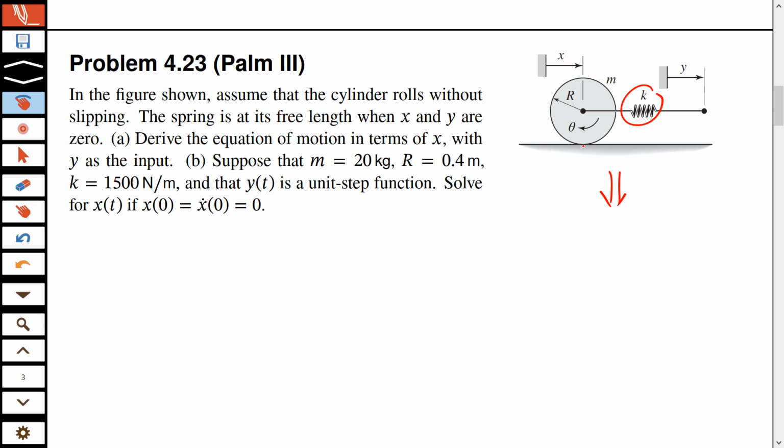Apart from the spring, we know that if it rolls without slipping, you can assume a direction for the friction tangential force Ft, and you remember that Ft must not be equal to the maximum friction, otherwise you will have slipping.